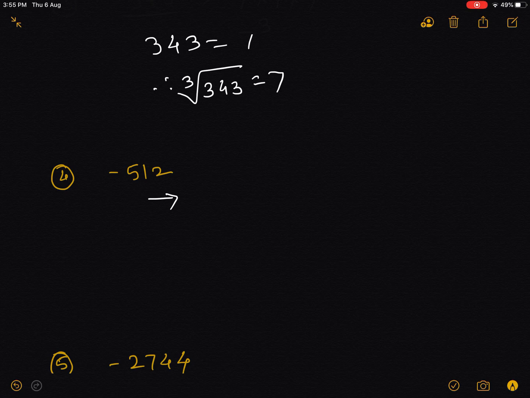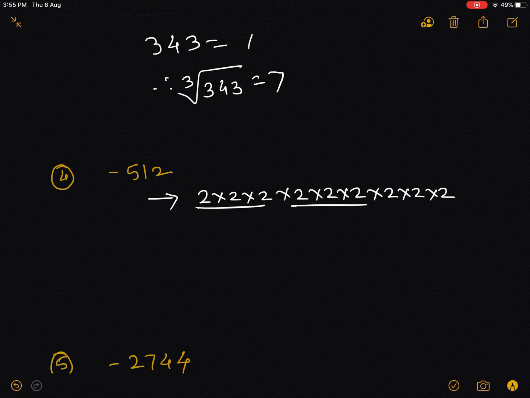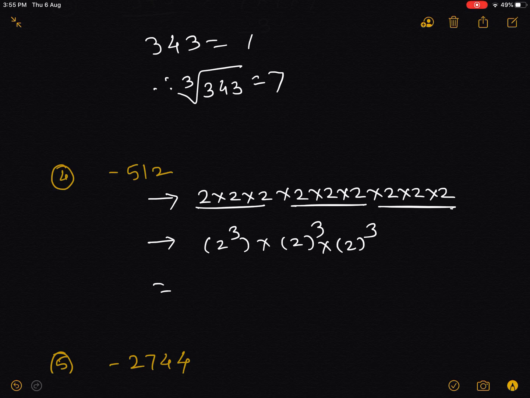Similarly, see the next, 512. Factorize this number. Factors are 2 into 2 into 2, 9 times. There are 3 groups. Then we take here 2 raised to 3 into 2 raised to 3 into 2 raised to 3. That means 2 into 2 into 2 raised to 3 equal to 8 raised to 3.